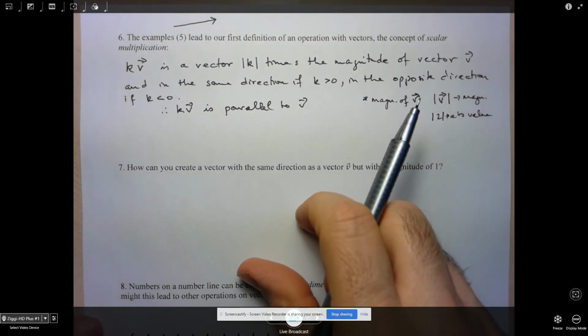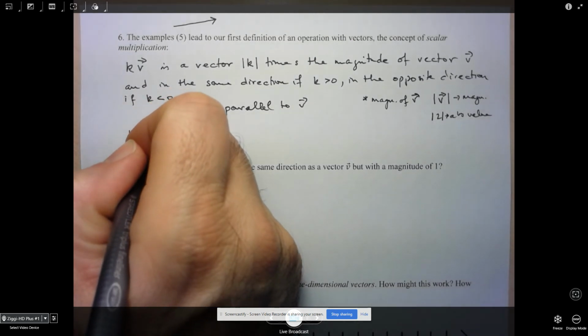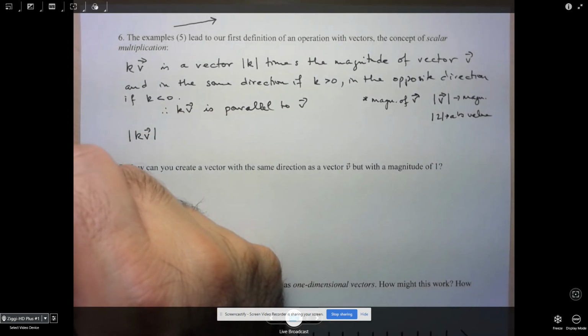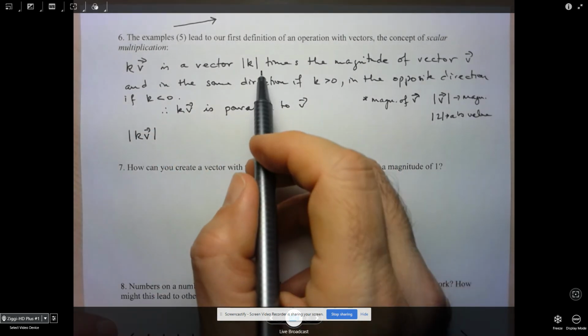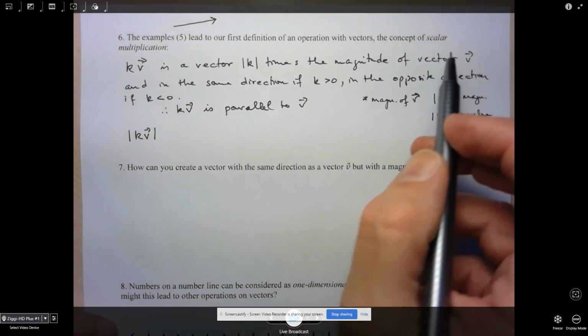So if I want to talk about the magnitude of the vector kv, what did we say? It's the absolute value of k times the magnitude of the original vector.